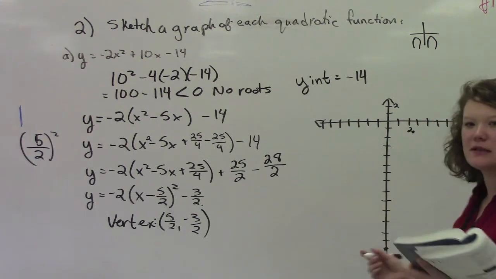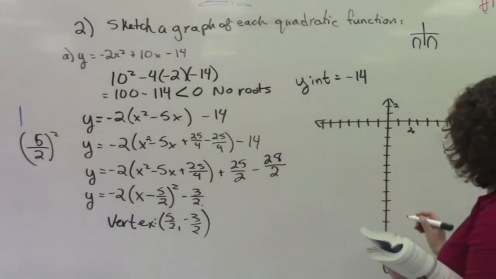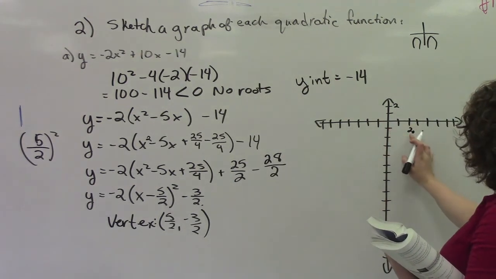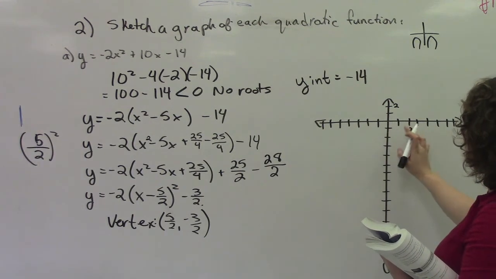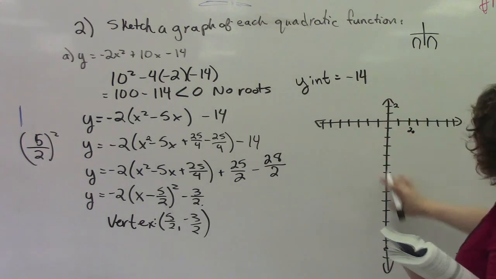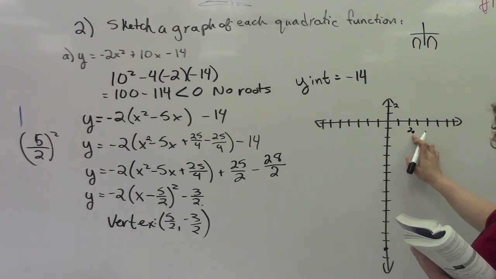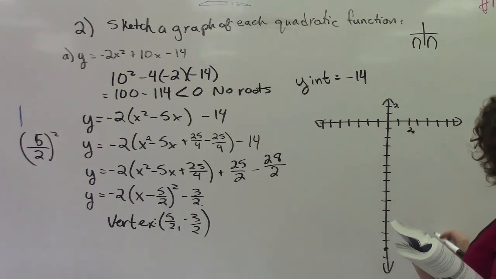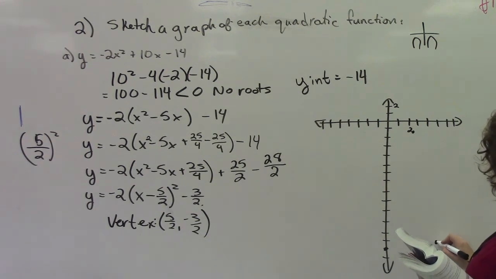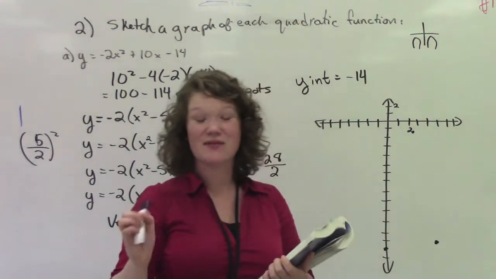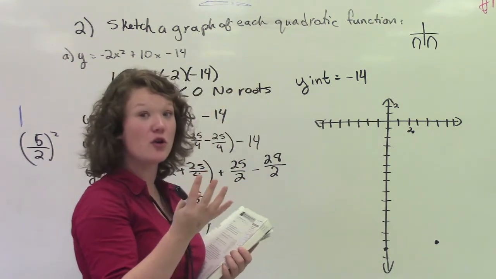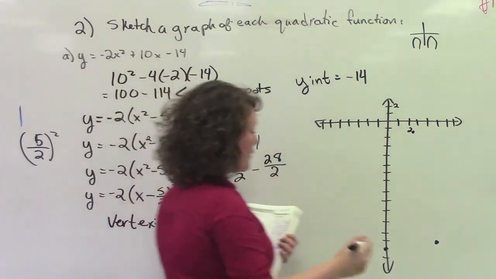And if I really wanted to be a smarty pants, I would just say, okay, I'm going to add 5, because the difference between the y-axis and the vertex is 2.5. So I'm just going to go 1, 2, 3, 4, 5. I know that my next point is here. Now guys, if that confused you, on a test officially, I just need to have 2 points, especially in this situation when there are no roots of the equation.